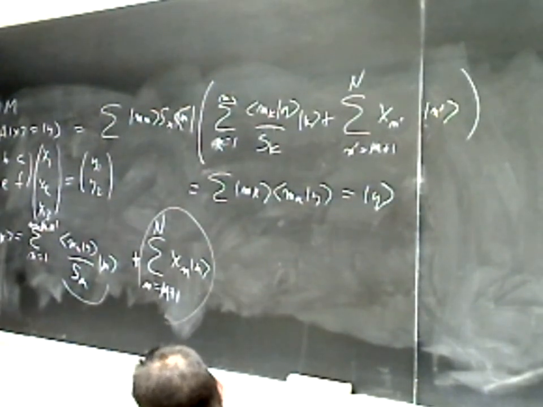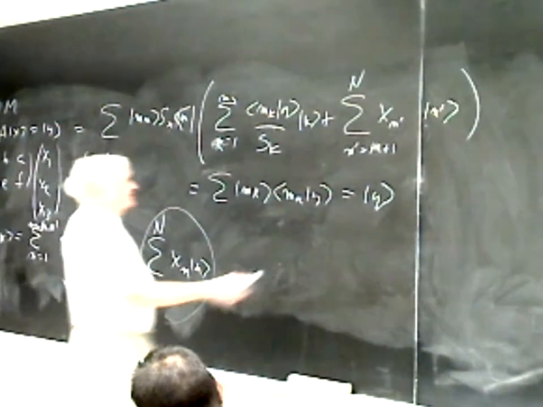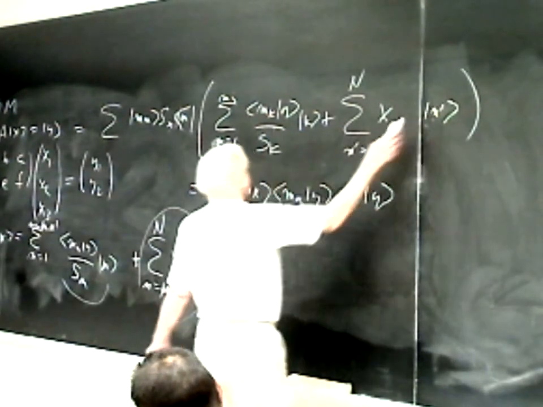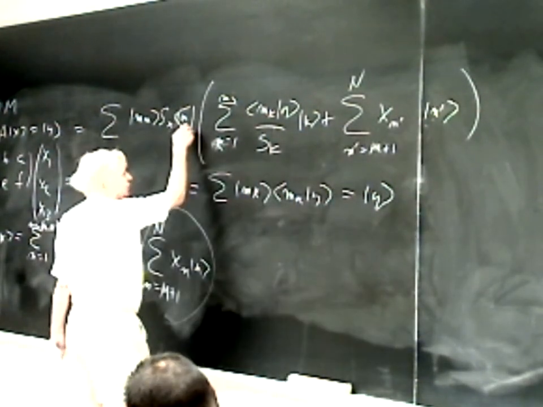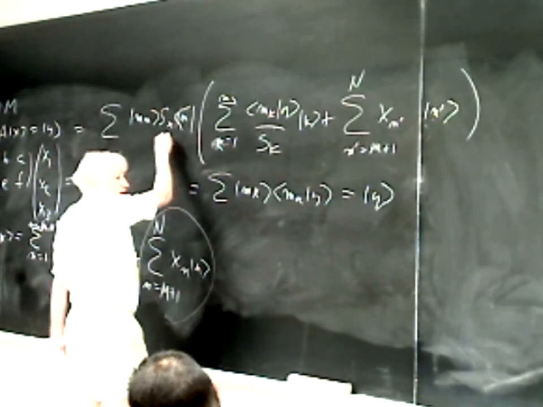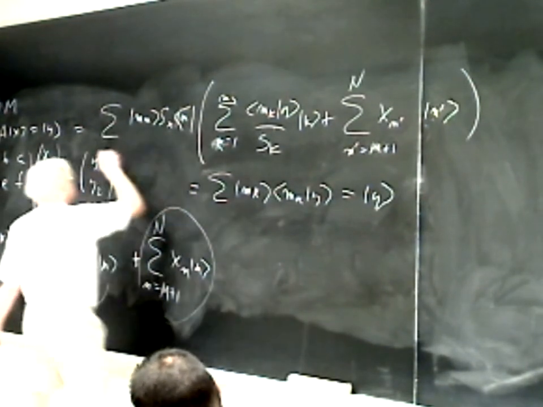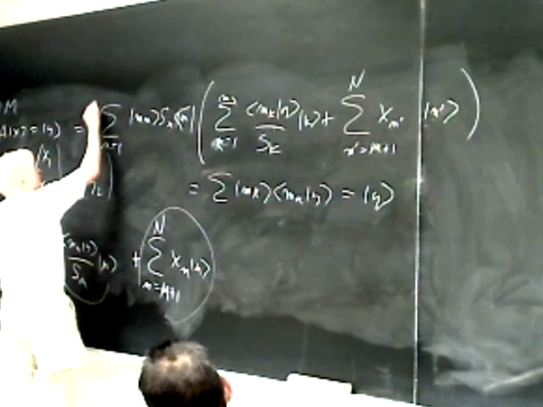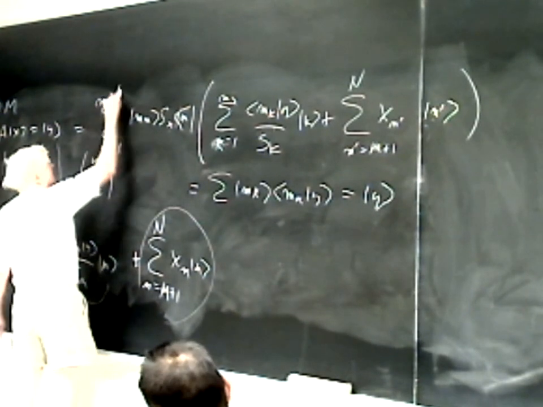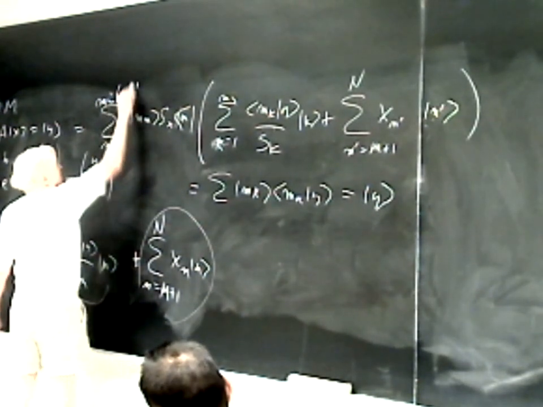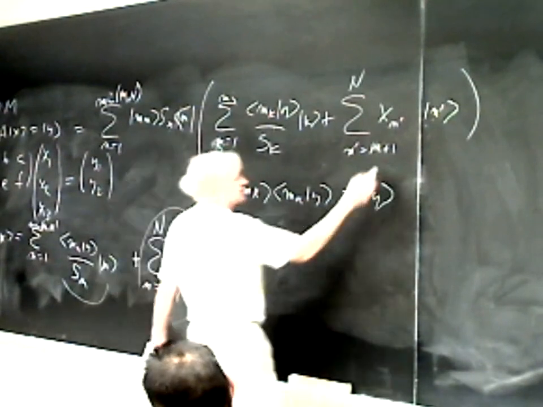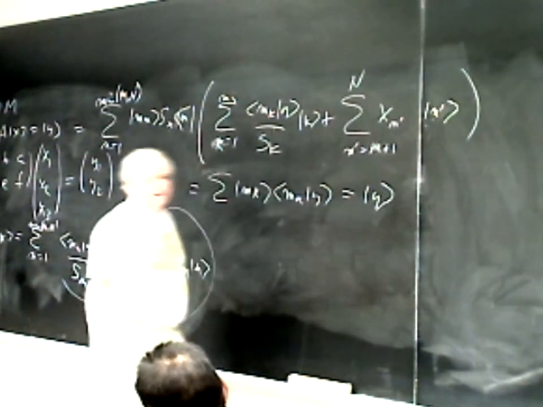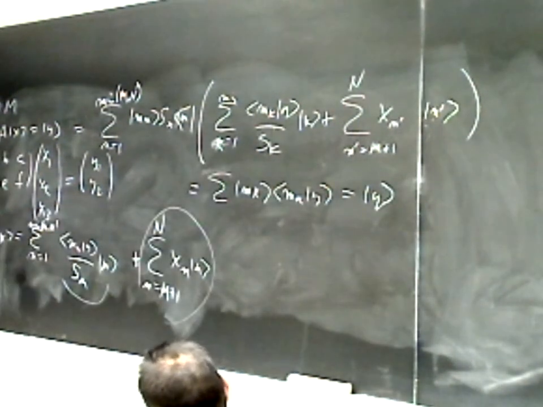So this shows that it's a solution, but this n prime would be orthogonal to all of these n's, for which n equals 1 to the minimum of m and n, whereas this sum goes from m plus 1 to n. This is the case when n is bigger than m.